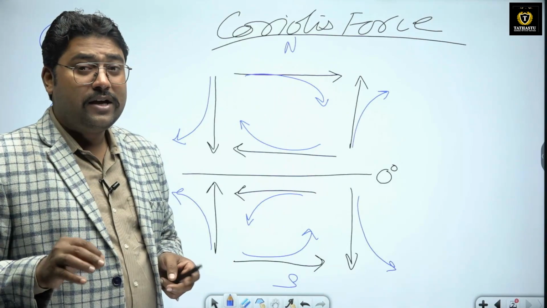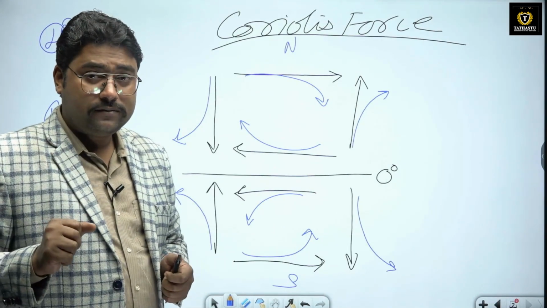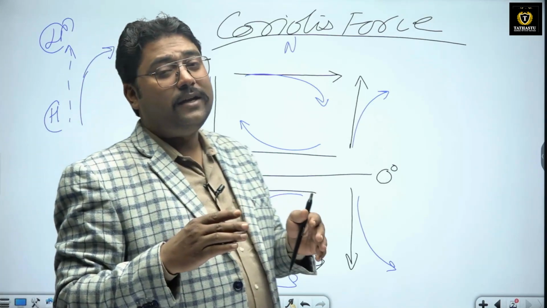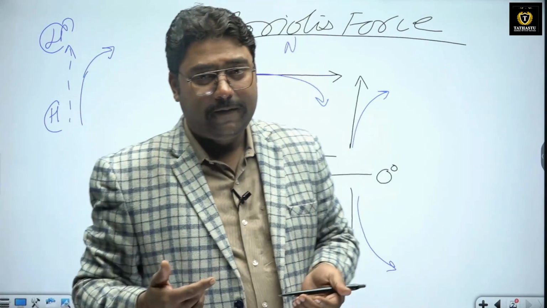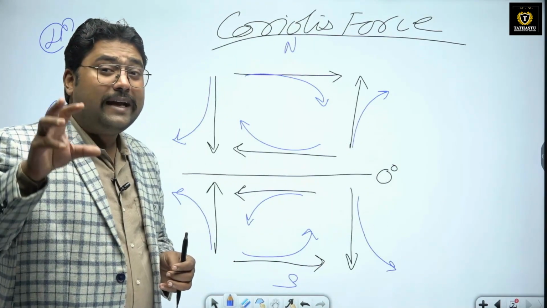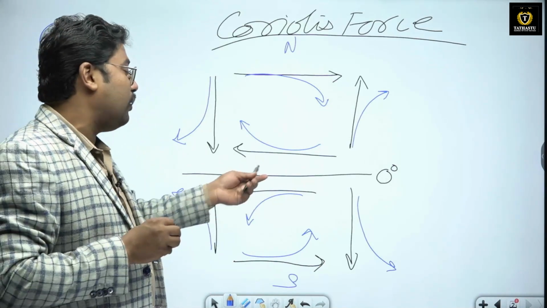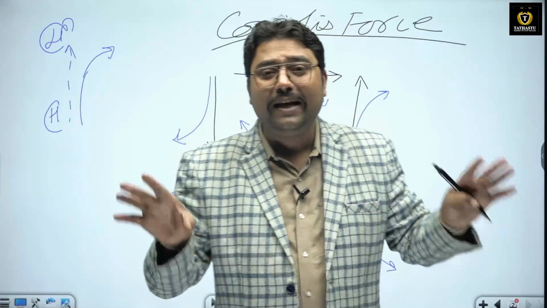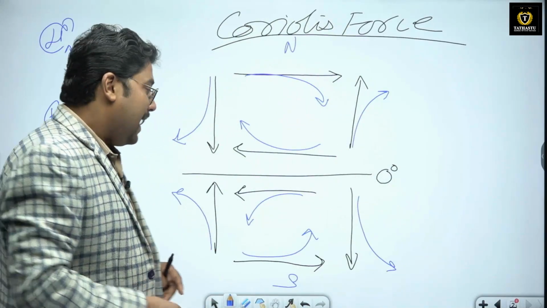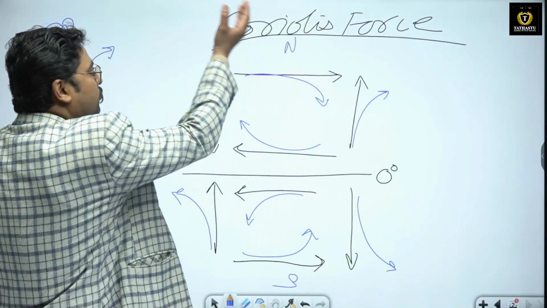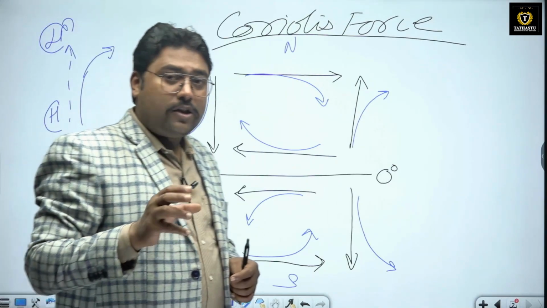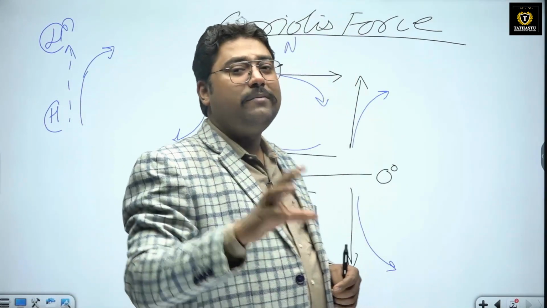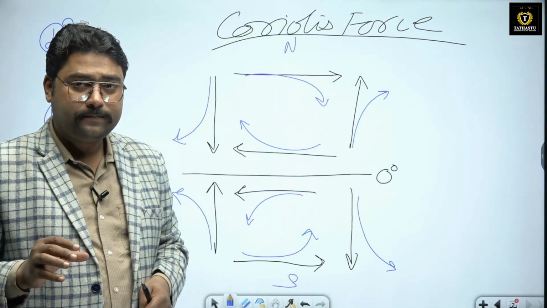Second thing, the Coriolis force, or the deflection of an object, is basically zero over the equator, meaning Coriolis force is almost negligible on the equator, and as we move from the equator towards the pole, the deflection increases and is maximum over the poles.